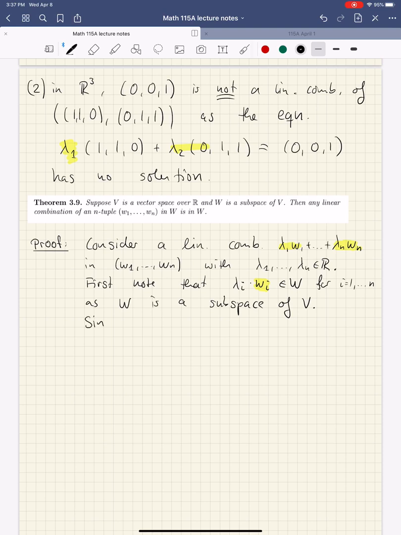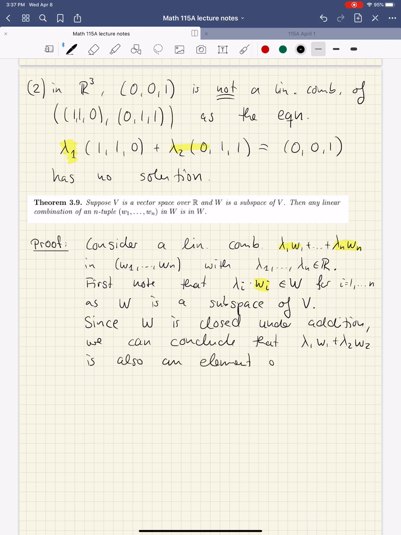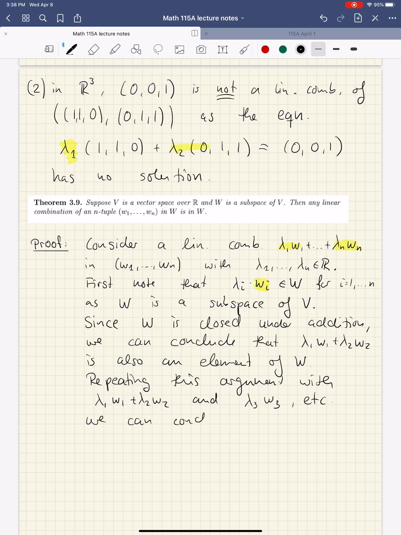Since W is closed under addition, we can conclude lambda 1 W1 plus lambda 2 W2 is also an element of W. Then repeating this argument, we get that the whole sum will be in W. So now the whole linear combination is an element of W, and this is what we wanted to prove.